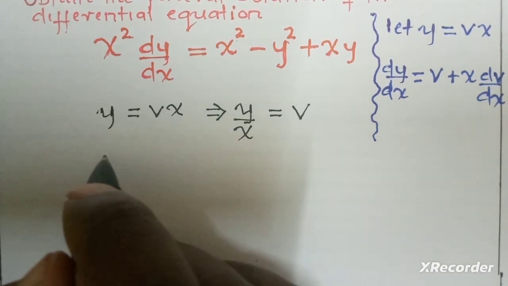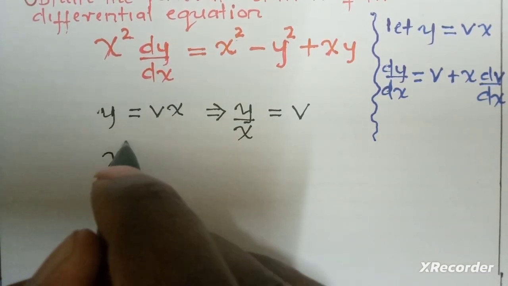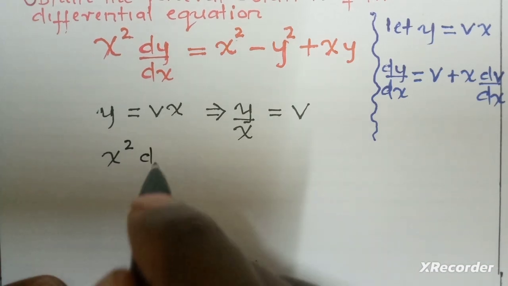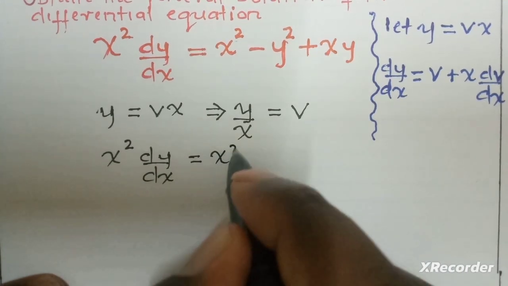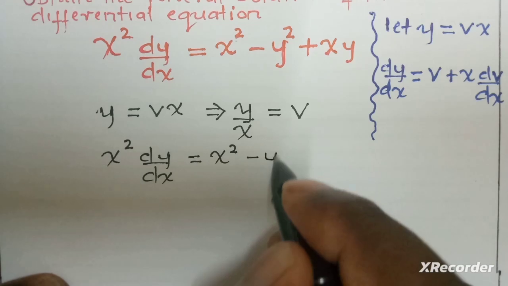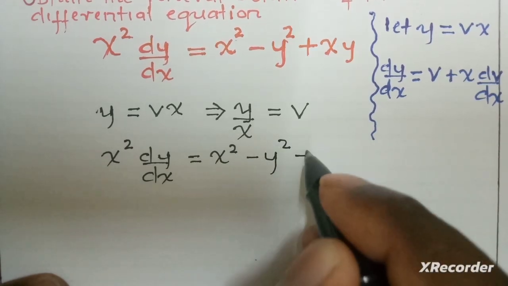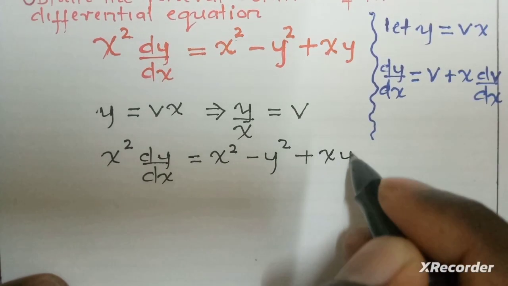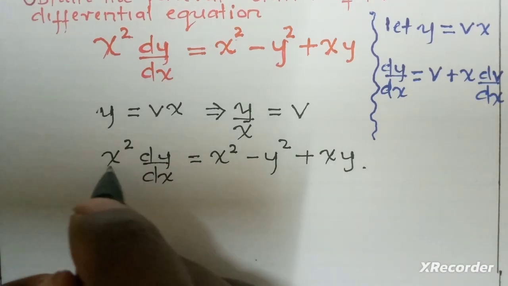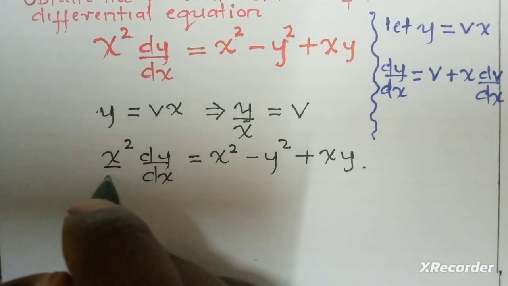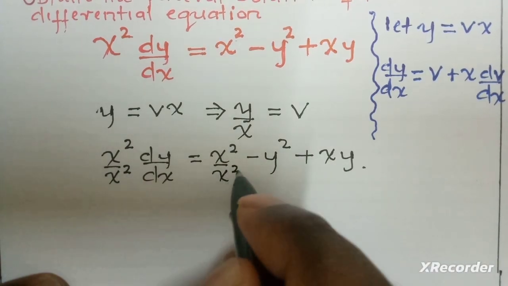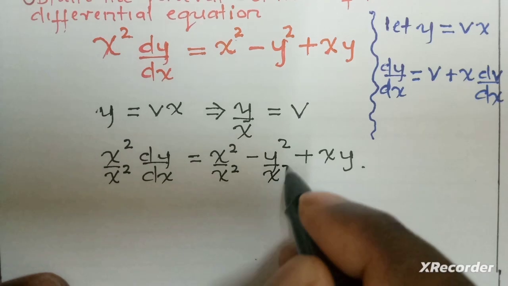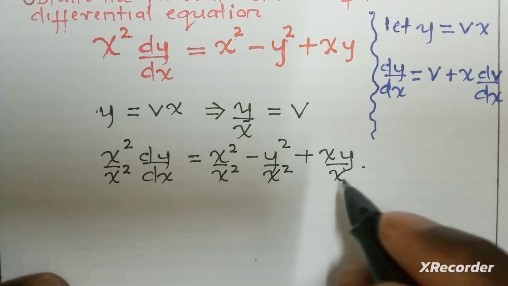So this is going to be x squared here, write dy there, dx equals to here x squared minus y squared plus xy, like that. So let's come and divide the whole of it, x squared there, divide here x squared, and we divide here x squared.